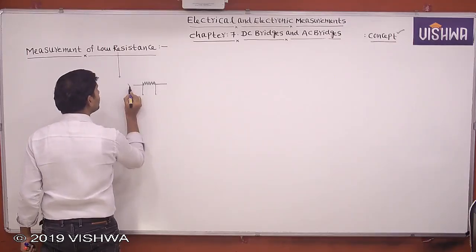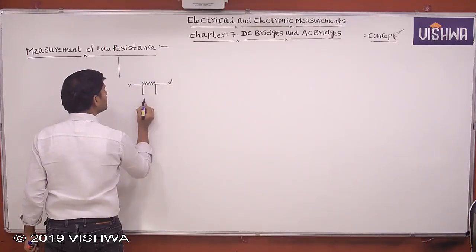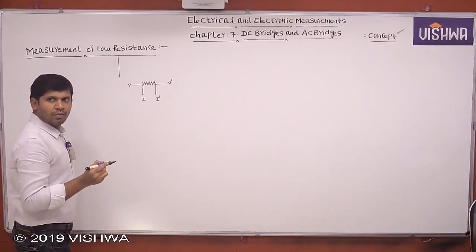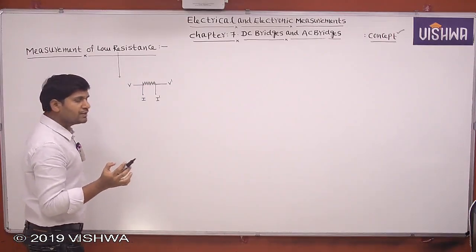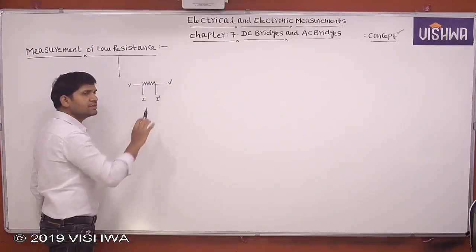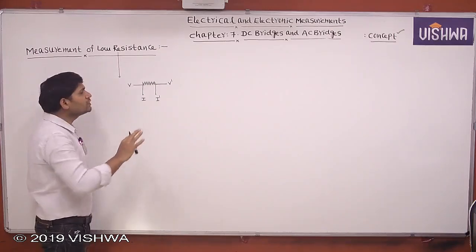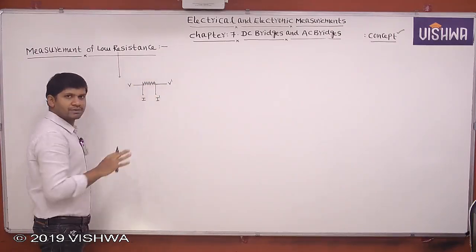These terminals are voltage terminals and these terminals are current terminals. We represent it with 4 terminals to make the resistance a definite and precise value.